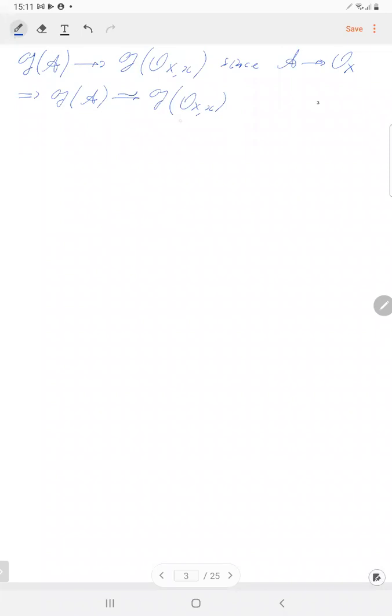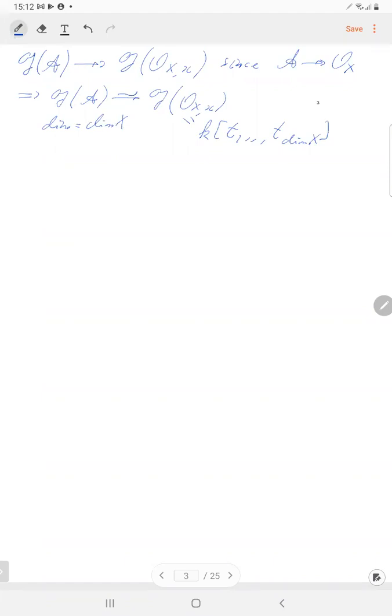Since the dimension, this is just a polynomial algebra. Sorry, maybe I should note the coordinates t1 and so on, t dimension of x. And this has the same dimension.